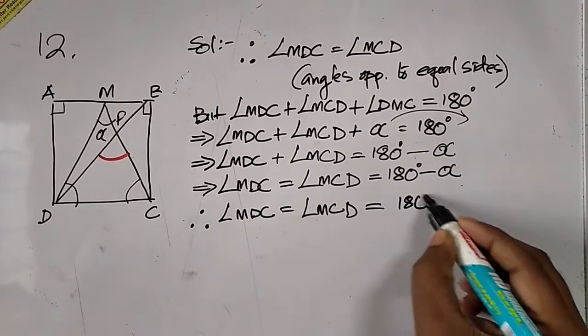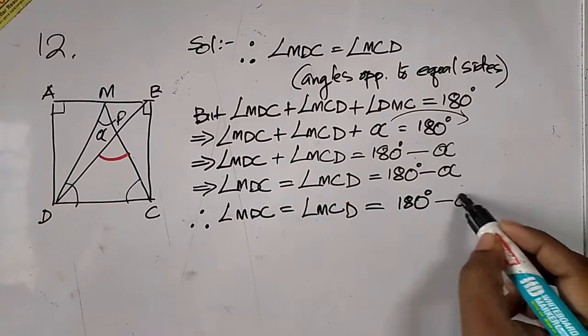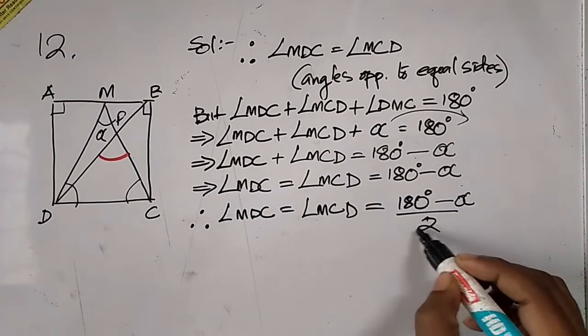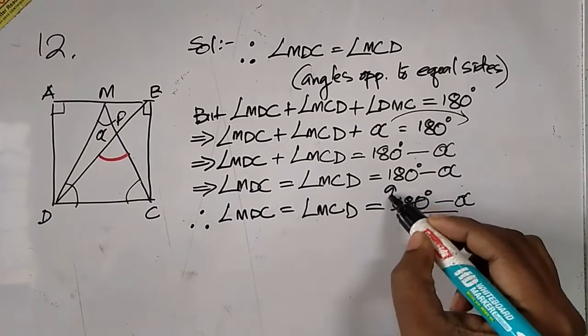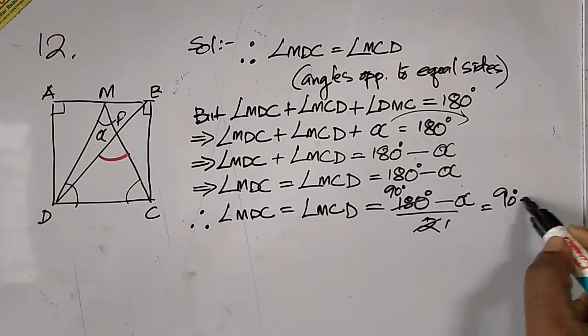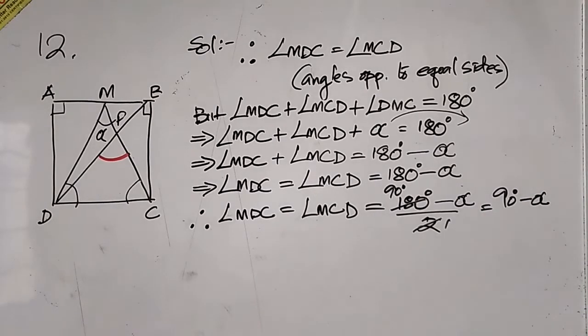Okay, so let us divide it. 180 degrees minus alpha by 2. Now we can cancel this 90, right? So we are left with 90 degrees minus alpha. I hope you are understanding why we have divided by 2, because two angles are the same, and if we have to find one angle, we will have to divide it by 2.